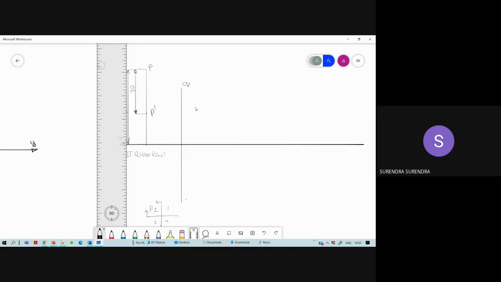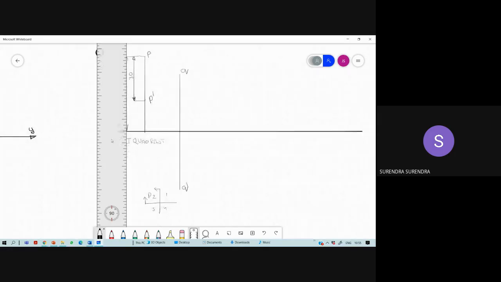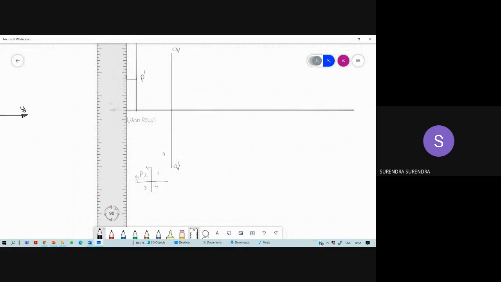So Q is above XY line and front view Q dash below XY line. The dimensions are 40 and 20. Q dash represents the front view, Q represents the top view.